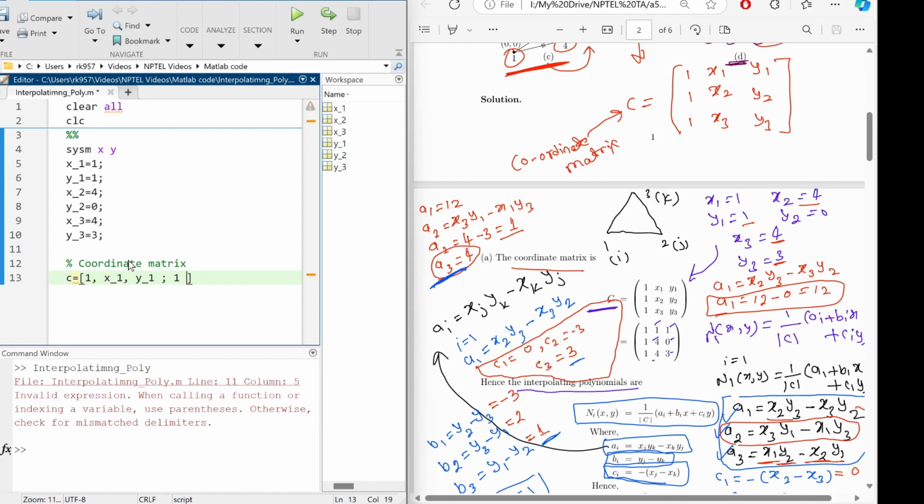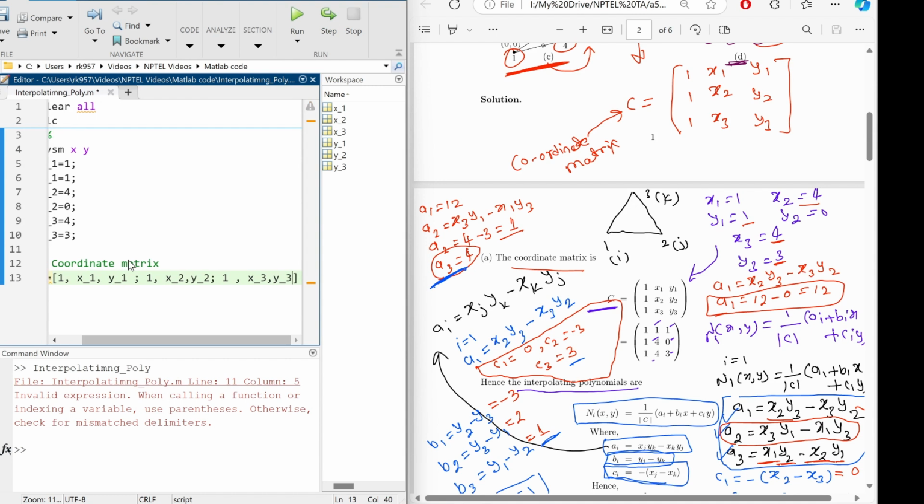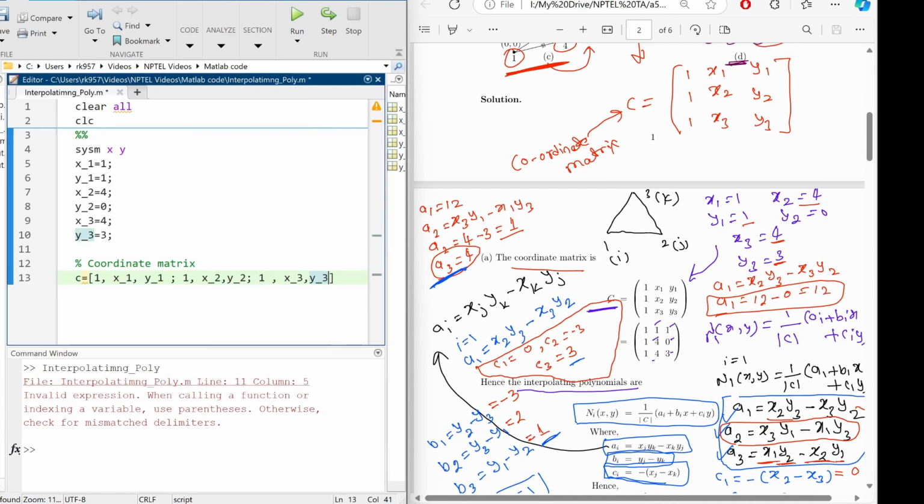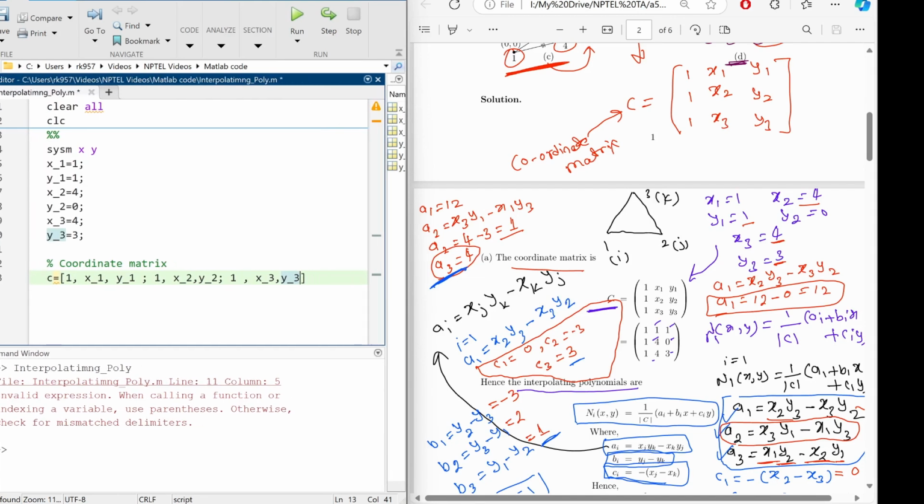Then 1 comma x2 comma y2. Then semicolon 1 comma x3 comma y3. So this will be our coordinate matrix, in capital C.